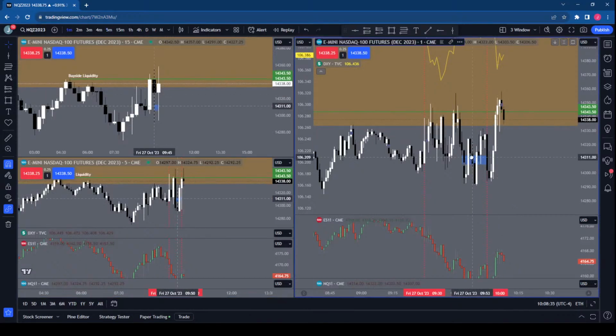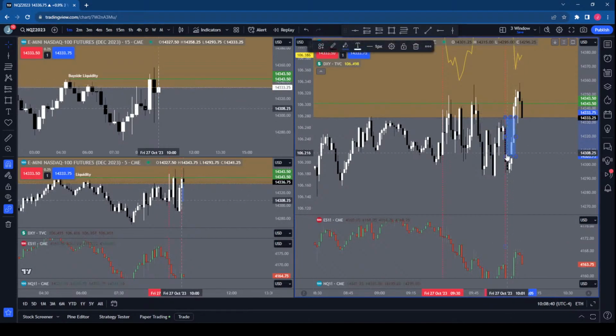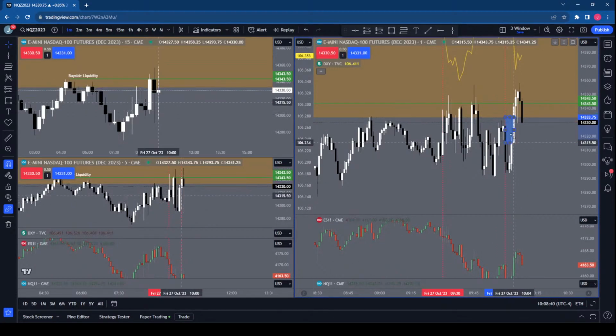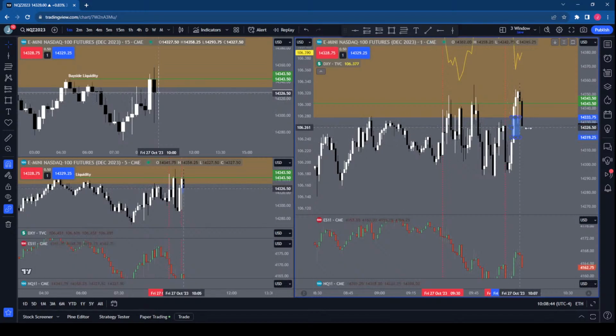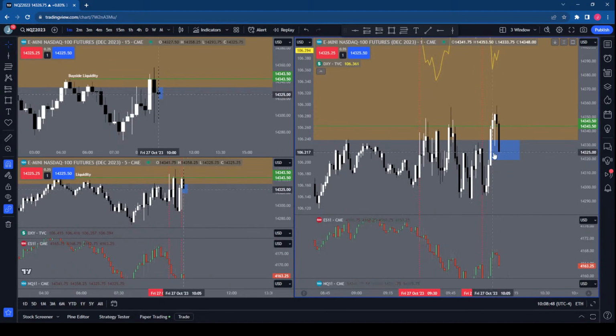Whereas this fair value gap right here, there could be somebody who entered on that and they just, by happenstance, took that one instead of this one. And they got 25 handles and it was like, oh, nice. So this one worked, but this one didn't.